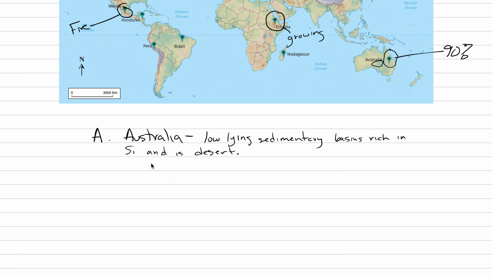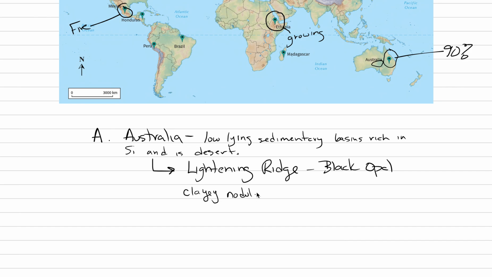The most famous areas in Australia for opal, probably the most famous, is called Lightning Ridge. And Lightning Ridge is the world's source for black opal, that most precious, most expensive variety of opal. It occurs in these really clayey nodules around 6 to 18 meters underground.